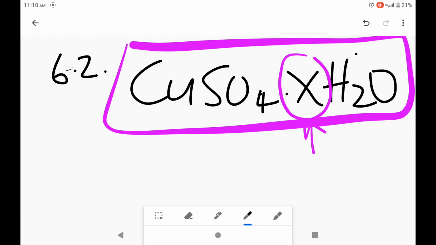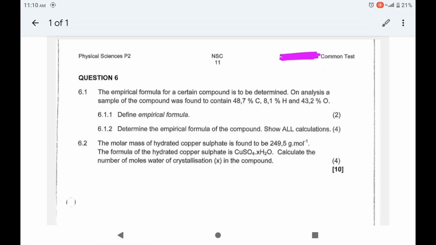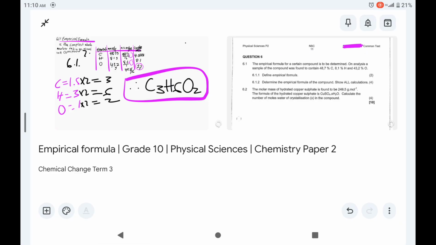We've got the molar mass of hydrated copper sulfate. Let me go back. It is found to be 249,5 grams.